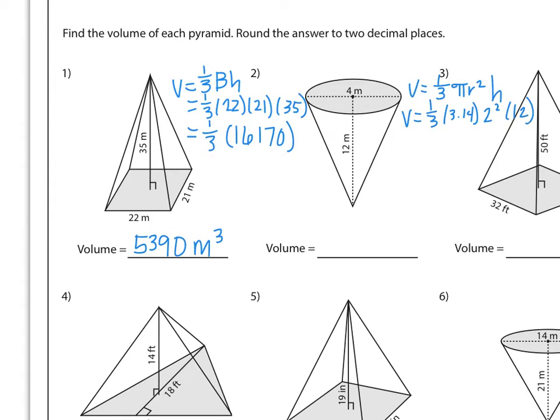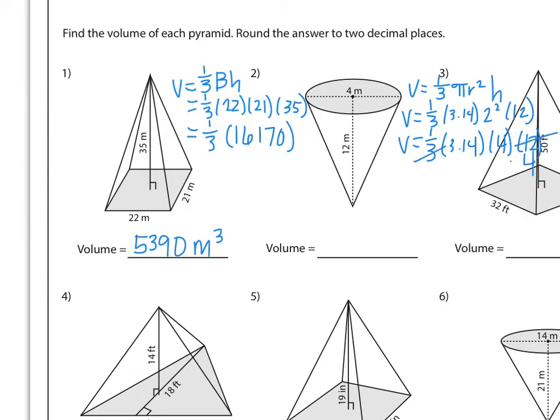And so let's just simplify it a little bit more. Of 3.14, 2 squared is 4, times 12. I'm going to show you something here. So it's 1/3 of that number. So if I take 1/3 of any of those numbers, that will still work. I can take 1/3 of 12, and that's going to be 4.